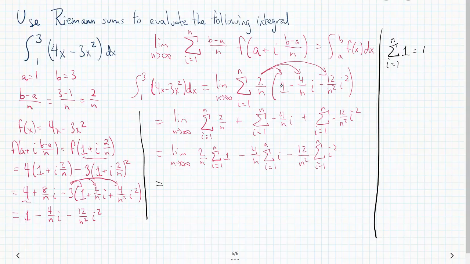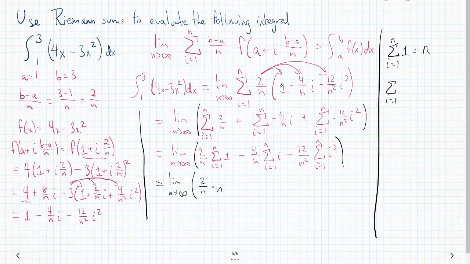So the summation of 1 n times equals n. Oh, let me put parentheses around all this. So this thing becomes the limit as n goes to infinity of, well, this would be the first case, 2 over n times n.